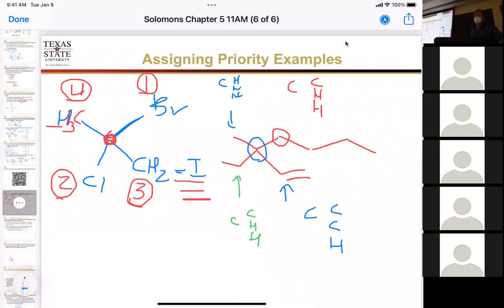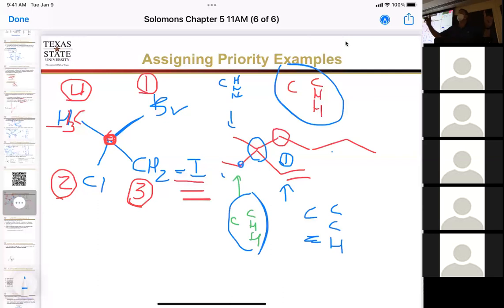Okay. So what's the highest priority of these carbons? It's going to be the ones with the 2 carbons on it. So that's going to put this as a priority 1. What's next? Is it the ethyl group or the butyl group? Okay, so they're the same here. If we're looking at these, these numbers are exactly the same.